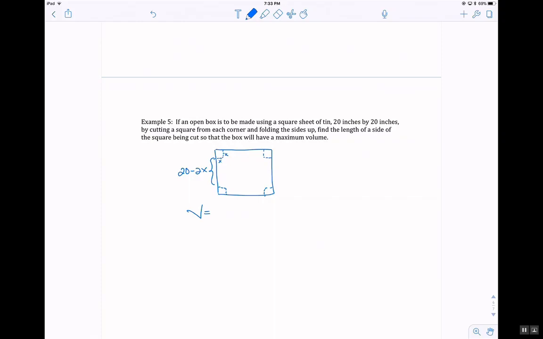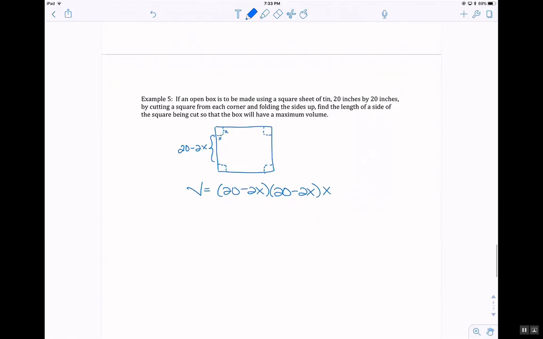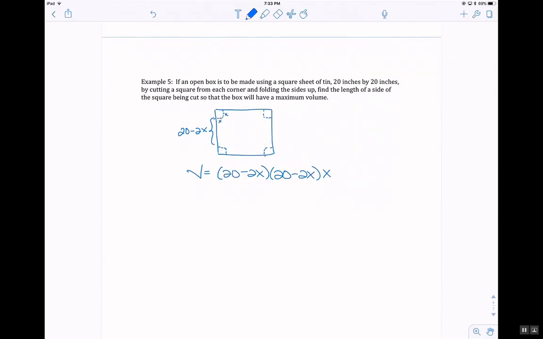So then the volume of this is length times width, so 20 minus 2x squared, and then times the height, which is x, because I'm folding up those corners and it's a side length of x. And now I need to take the derivative of this. So I can do this a couple of ways. I could do this using product rule. So I could have done V is equal to (20 minus 2x) squared times x.